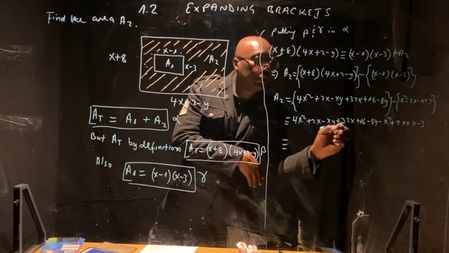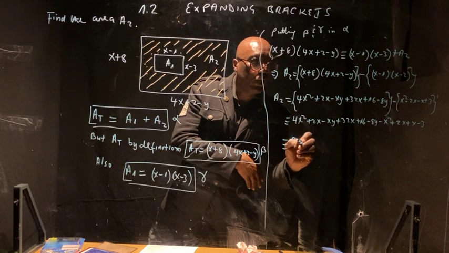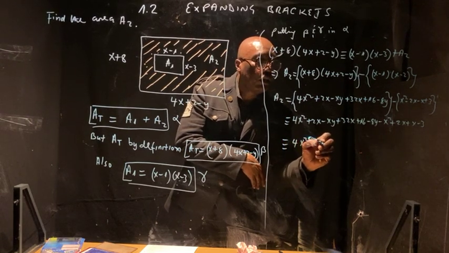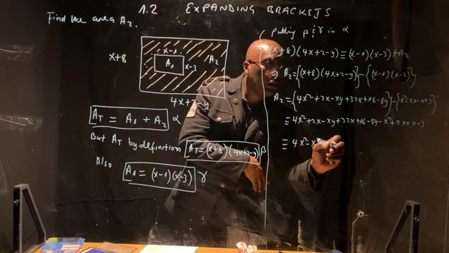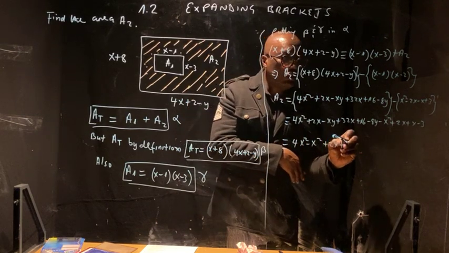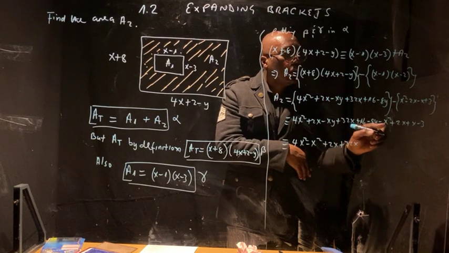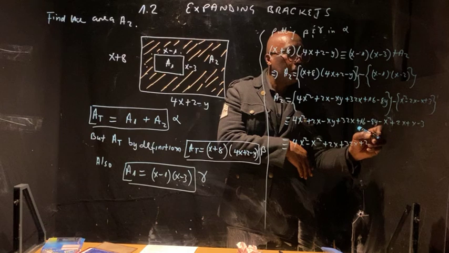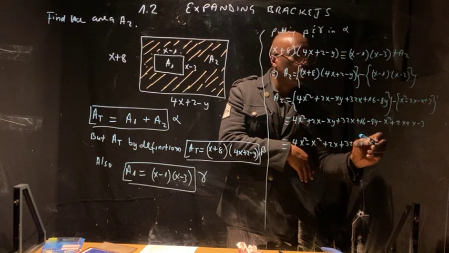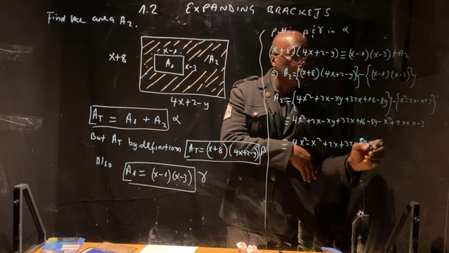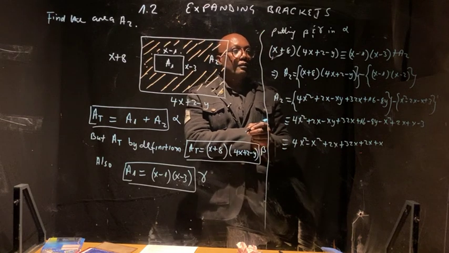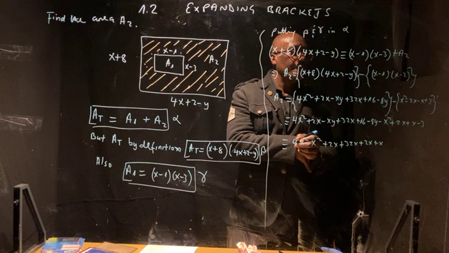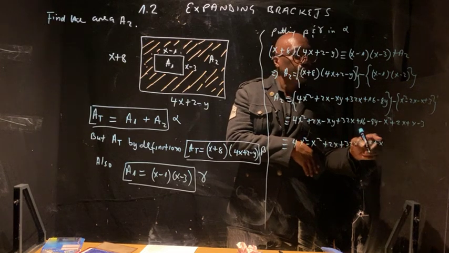Grouping the like terms together, we have 4x squared minus x squared, plus 2x plus 32x plus 2x plus x. Good.